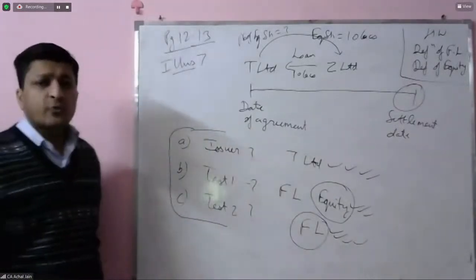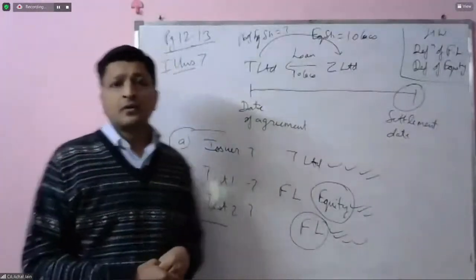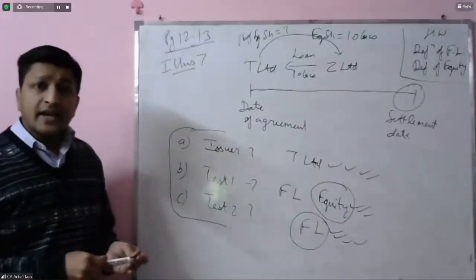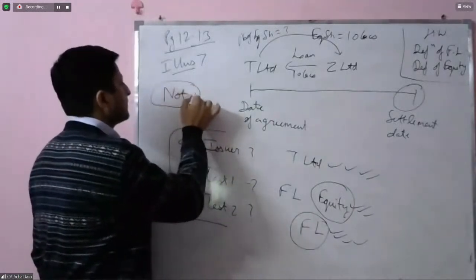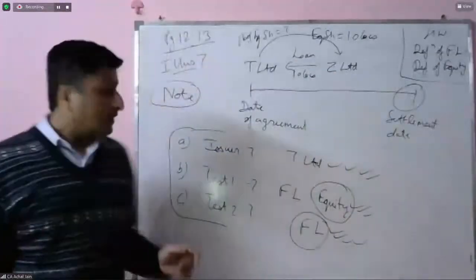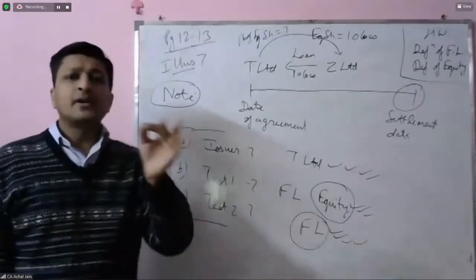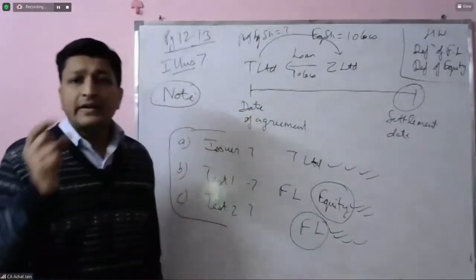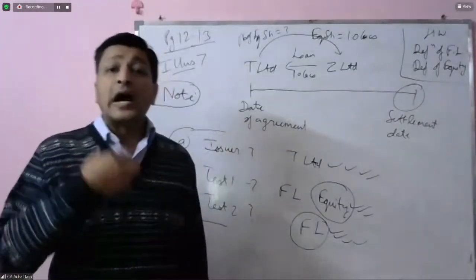So what I would request all of you now is that when you prepare your notes, or you might have prepared your notes, please make a note at the end of the note, or maybe after any topic. In that note, you should write that the assessment of any instrument as financial liability or equity, wherein we consider test number 1 and 2, is only for the purposes of our understanding.